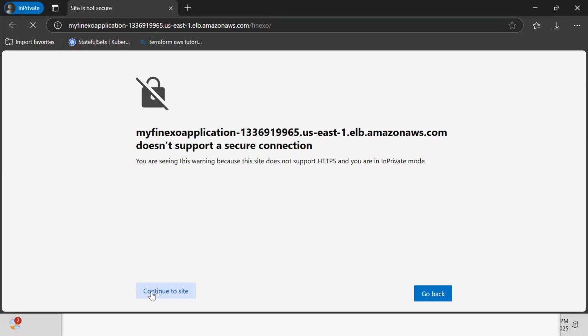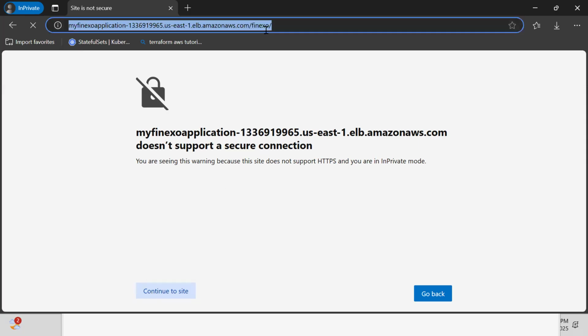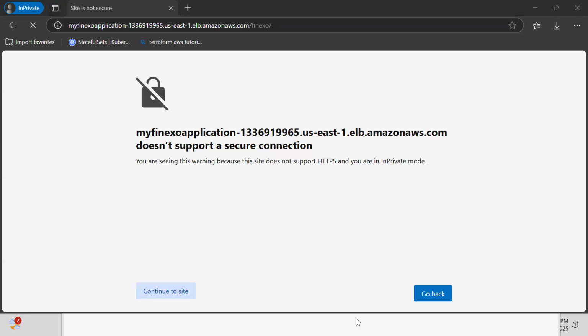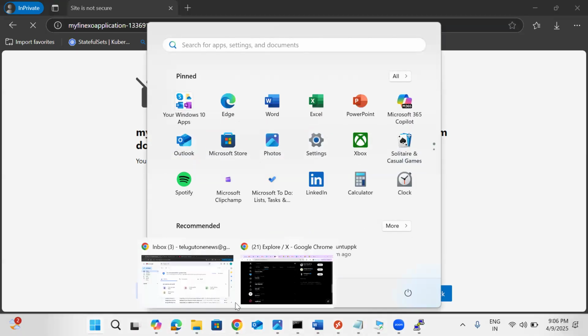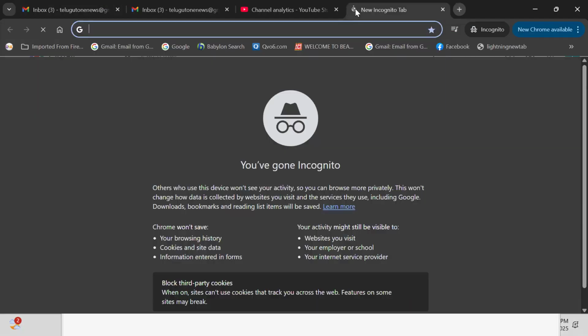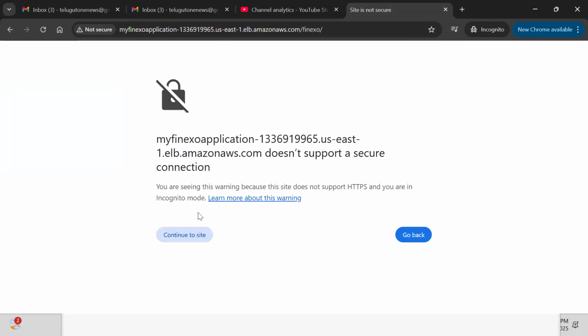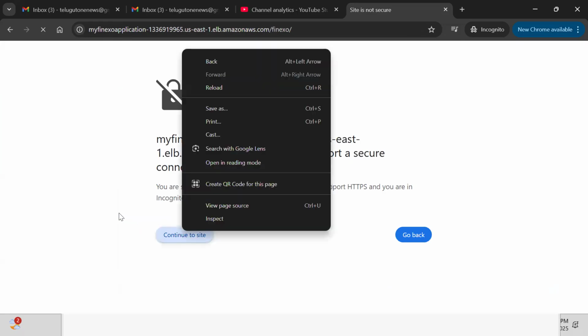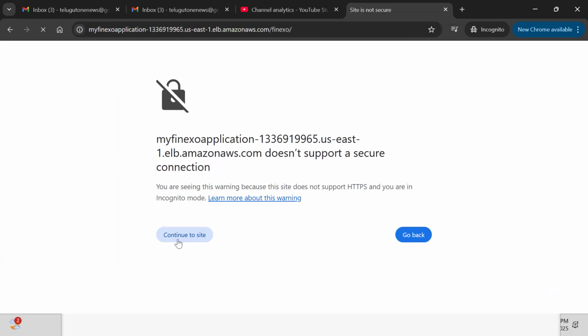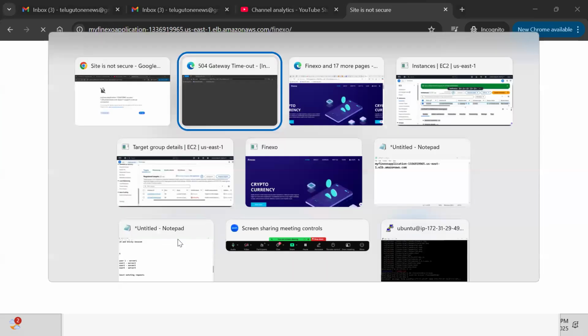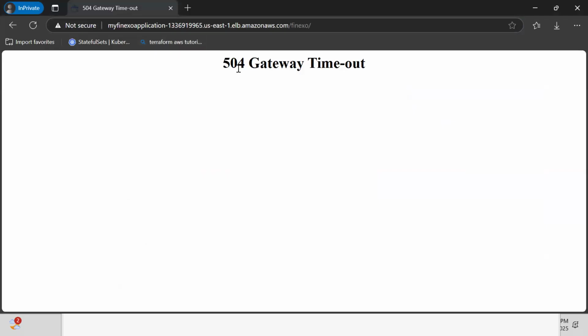As of now, both the instances are stopped. Or I may use Chrome. Yeah, now we are getting a 504 gateway timeout.